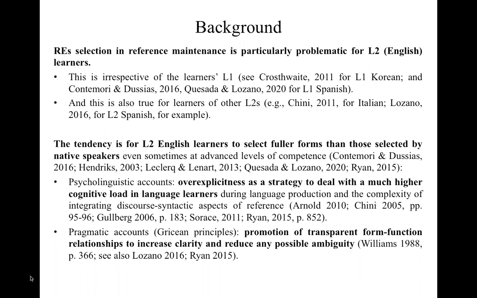Pragmatic accounts explain that the promotion of transparent form-function relationships, that is, the selection of more iconic forms, increases clarity and therefore reduces any possible ambiguity. So learners prefer to select more iconic forms because they want to make sure that they are clear, that they are going to be understood, and that they are going to be less ambiguous in their discourse.